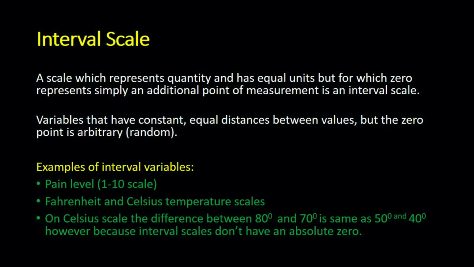So first we'll have to discuss the definition which we'll use in the research study, that some interval scale comes from the continuous data, and when we have the continuous data, we'll have to categorize it in the pain level, that 1-10 scale, or the Fahrenheit and Celsius temperature. In the next slide, you can see more examples of interval scale.